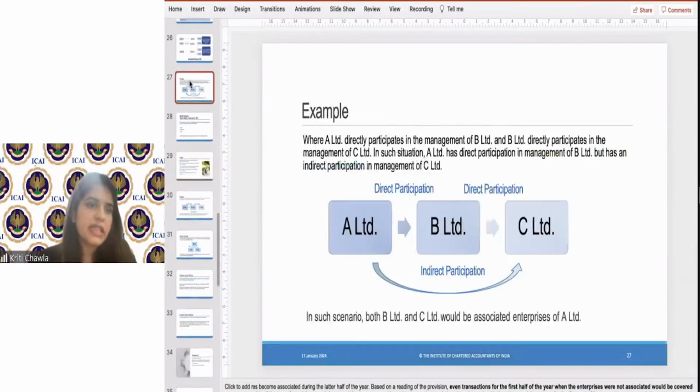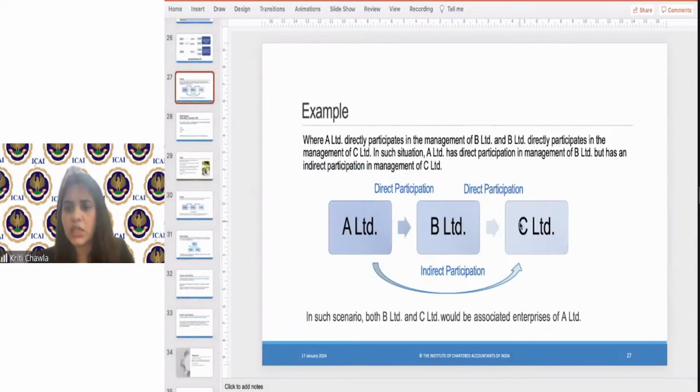So there is a question out here that in the example of A versus B versus C, what if C sells goods to A when C does not hold any share in A or B? Well, in this particular instance, transfer pricing provisions will not be applicable for now, but there is a situation of deemed international transaction.